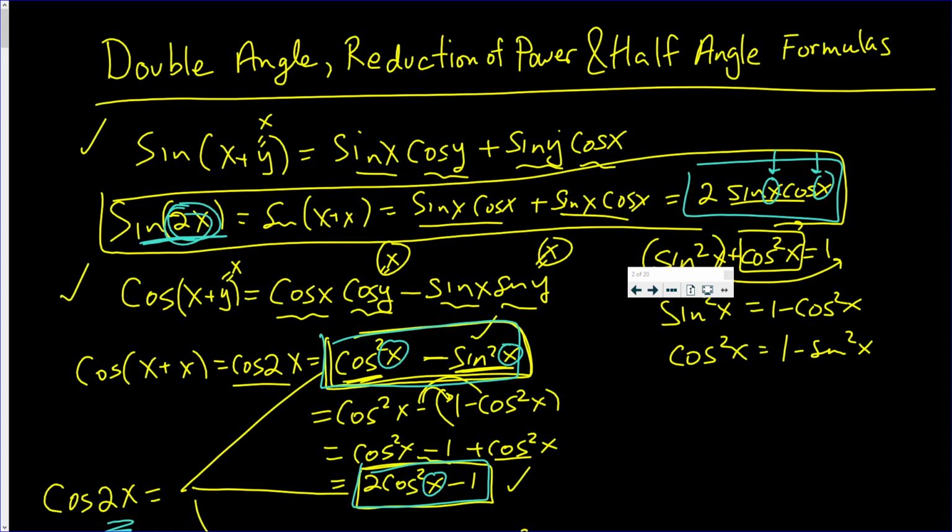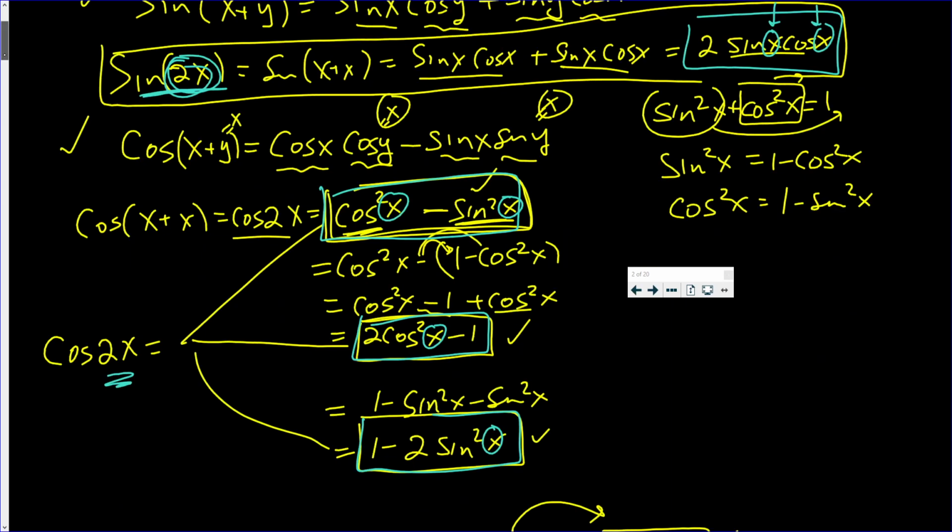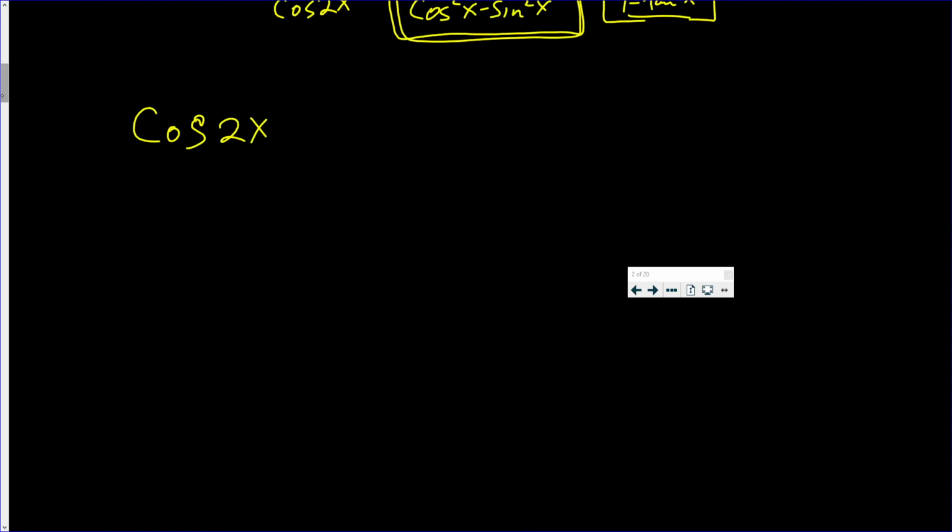So, for example, say we want to write the cosine of 4t with only the angle t.